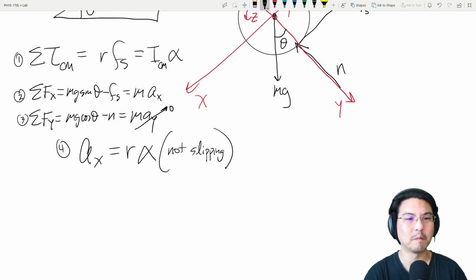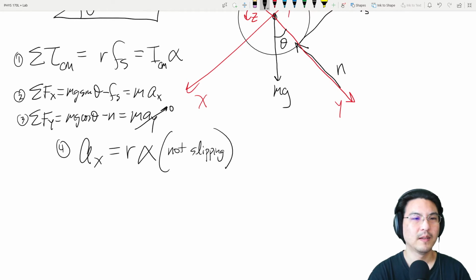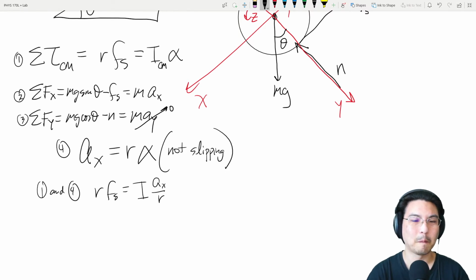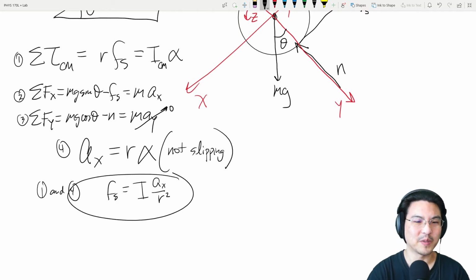Okay, so let's say, which is easiest, I'll combine this and this, so 1 and 4. r Fs equals I alpha, but alpha is ax over r. Okay, and then let me just move this r right over here. There.